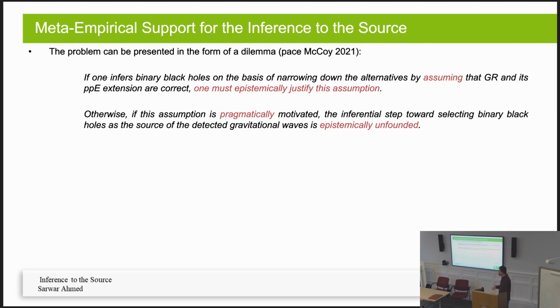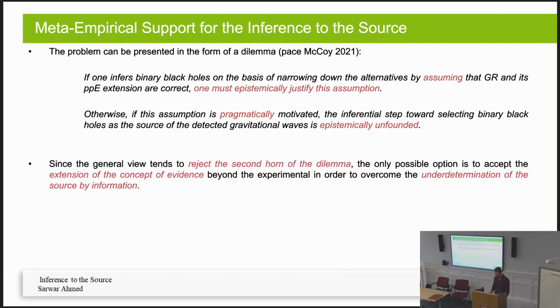Otherwise, if the assumption is pragmatically motivated, the inferential step towards selecting binary black holes as the source of detected gravitational waves is epistemically unfounded. Since the general view tends to reject the second horn of the dilemma, the only possible option, I argue, is to accept the extension of the concept of evidence beyond the empirical in order to overcome the underdetermination.